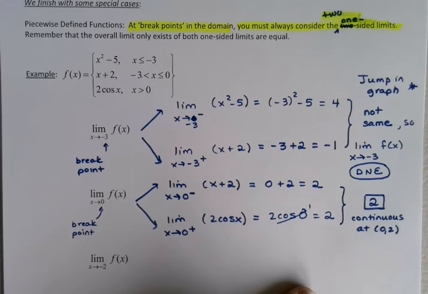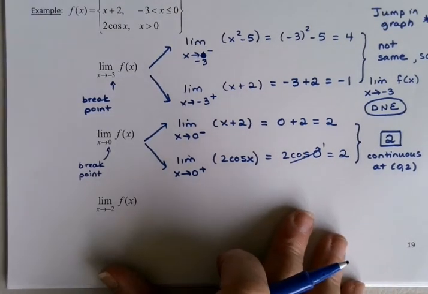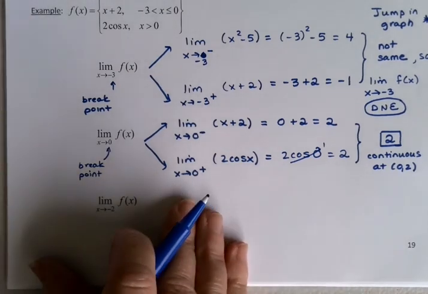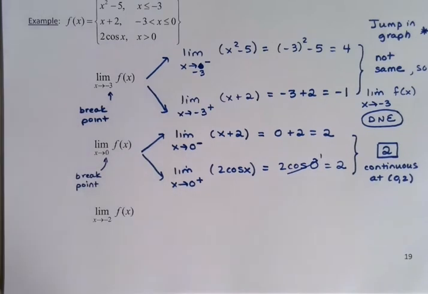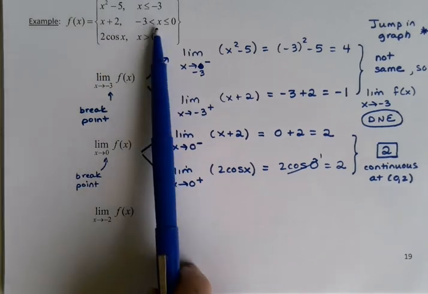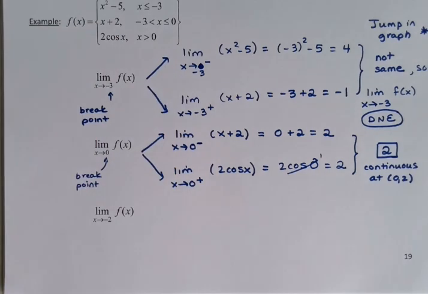All right, one more. What if we want to take the limit as x approaches -2? Notice that -2 is not one of the points where the domain gets broken up. -2 is actually entirely within this middle section. And therefore, I don't have to consider the one-sided limits.